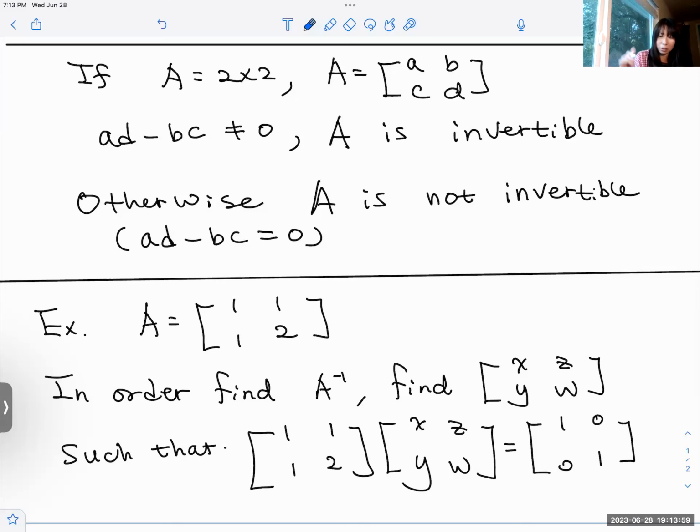AD minus BC is not equal to 0? In that case, AD is 1 times 2 minus B times C. So we get 2 minus 1, which is 1, is not 0. So A is invertible, right?